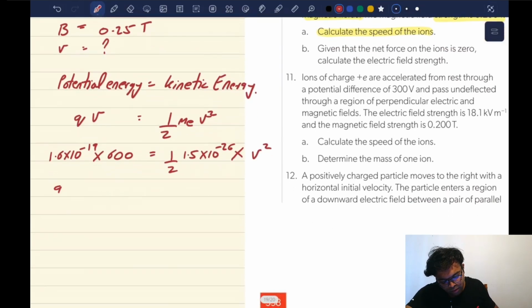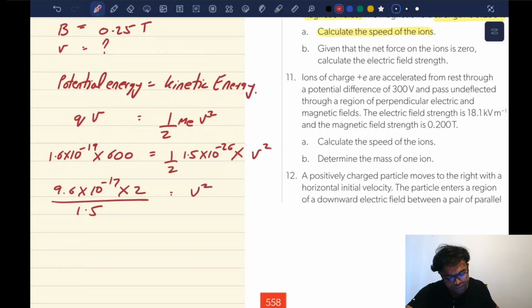So this will become 9.6 × 10^-17 into 2 upon 1.5 is equal to v squared.